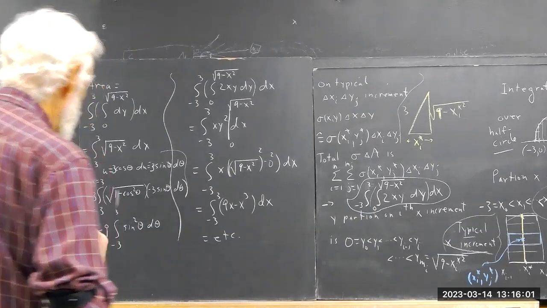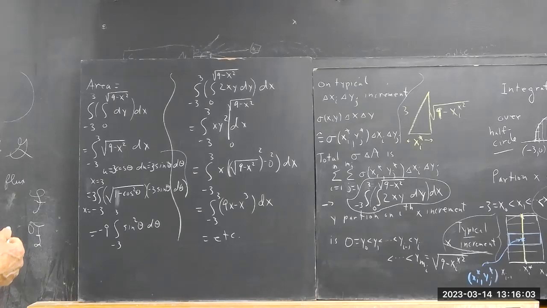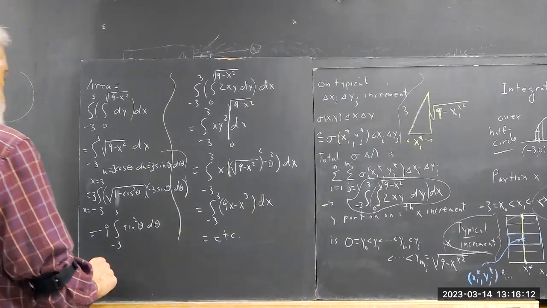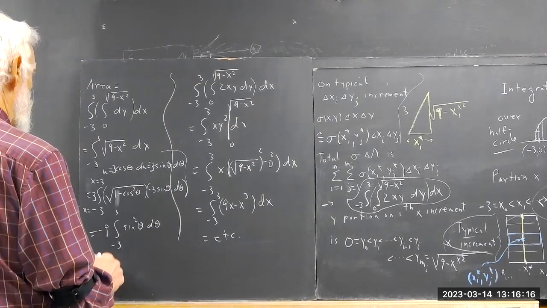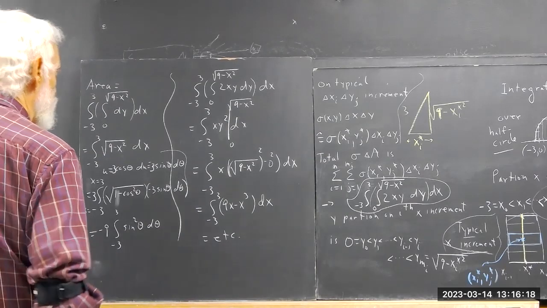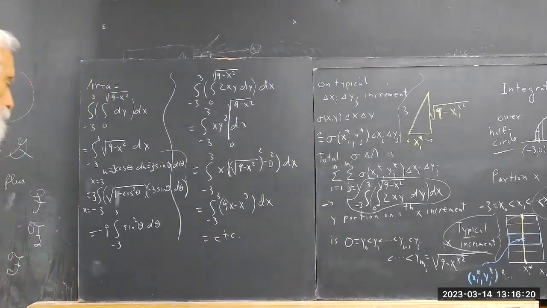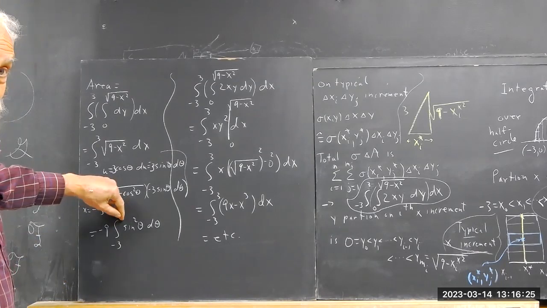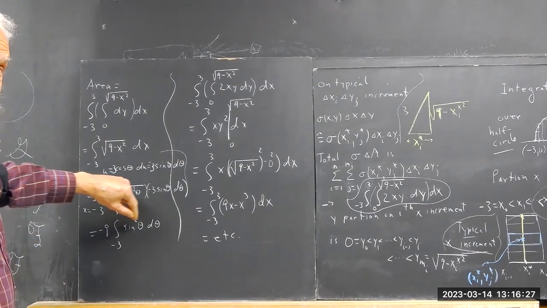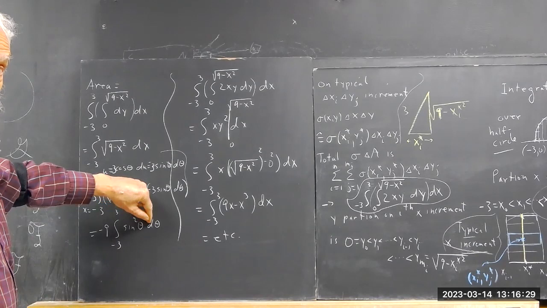Now, I do have a problem here, the negative sign, but it's got to be there. I don't have room, so I'm going to do an integration by parts. u equals sine theta, dv equals sine theta d theta.